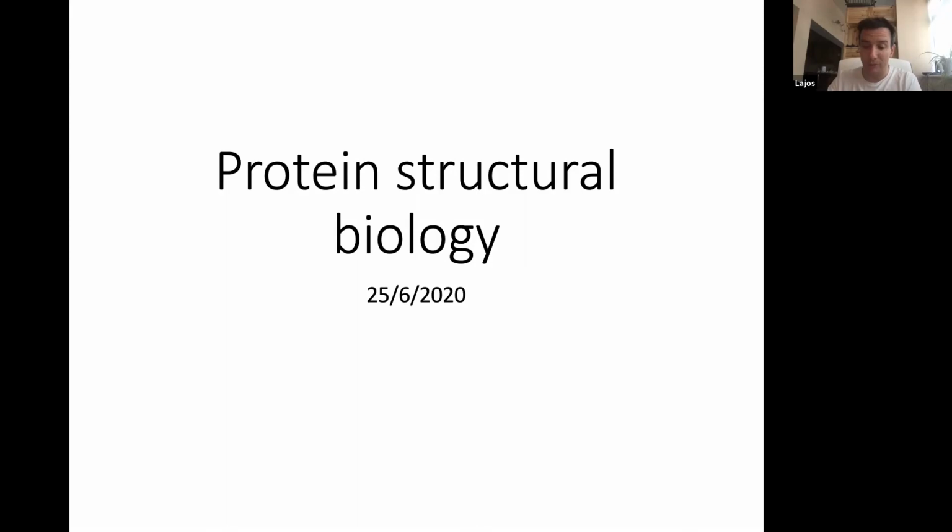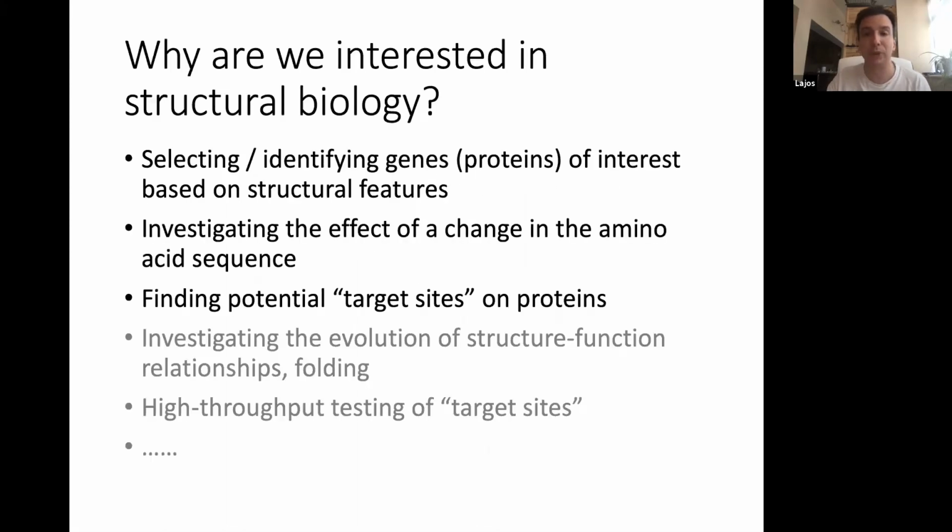In protein structural biology. So, of course, that's a question: why should you, or why would any of us, be interested in protein structural biology?